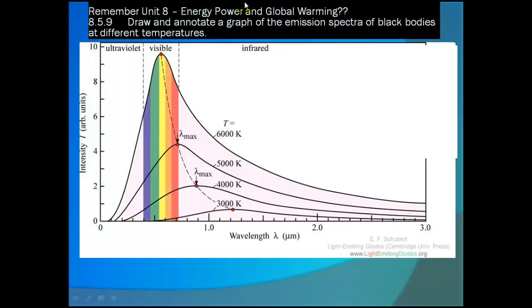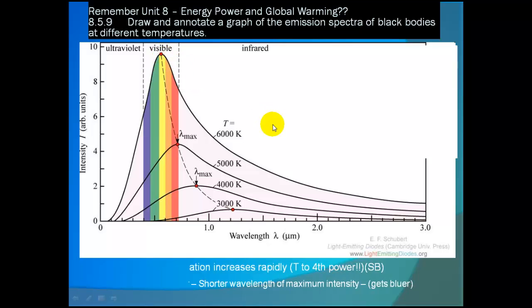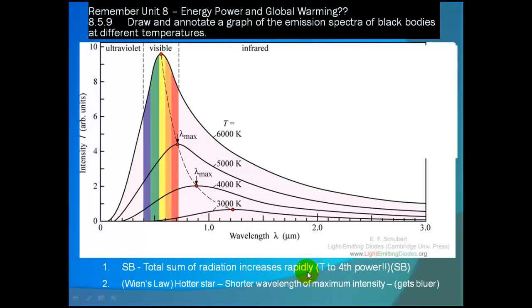You're familiar with this from Unit 8. You remember this is the black body curve for different bodies. This is the black body curve for a body which is at 3000 Kelvin, 4000 Kelvin, 5000 Kelvin, 6000 Kelvin. Now remember that the Stefan-Boltzmann law is that the luminosity is proportional to the temperature to the 4th power.